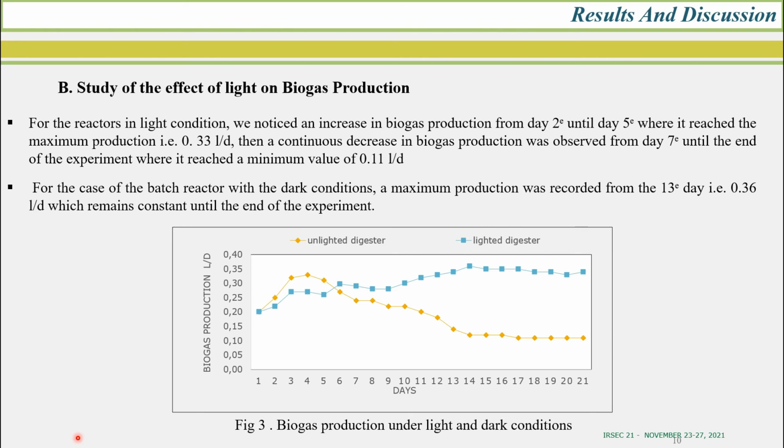For the batch reactor in the dark condition, normal biogas production was observed, characterized by a maximum production from day 13 of 0.36 liter per day that remained constant until the end of the experiment.